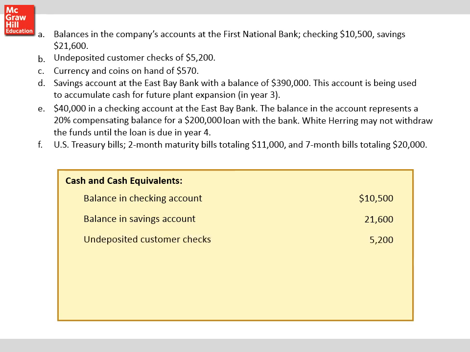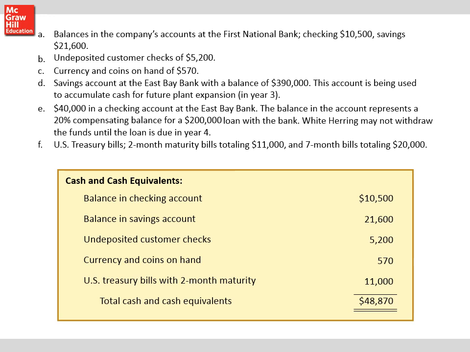Undeposited customer checks, they are part of cash and cash equivalents. The currency and coins on hand, yes, those are too. The U.S. Treasury bill with a 2-month maturity of $11,000 is. But that's all.